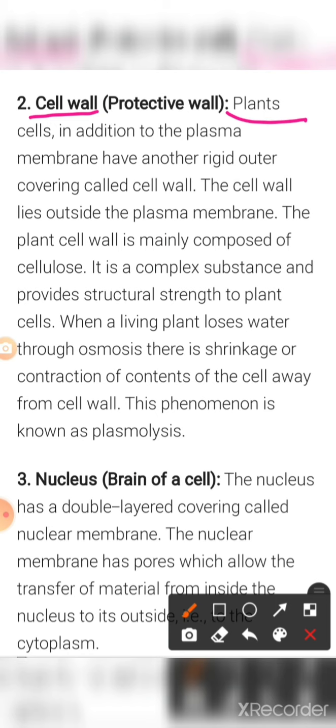This nuclear membrane has pores which allow the transfer of material from inside the nucleus to the outside, the cytoplasm. Students, the cell membrane is also present in animals.